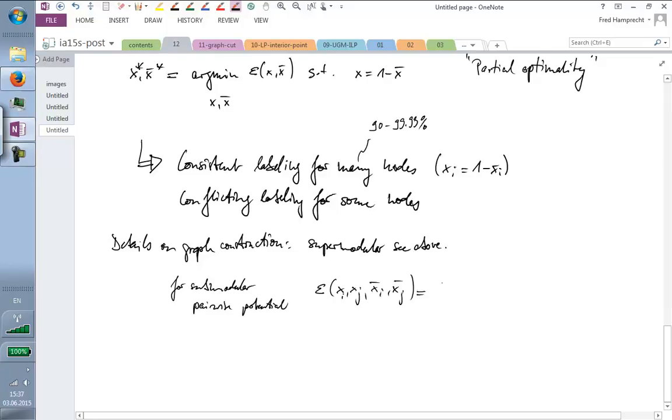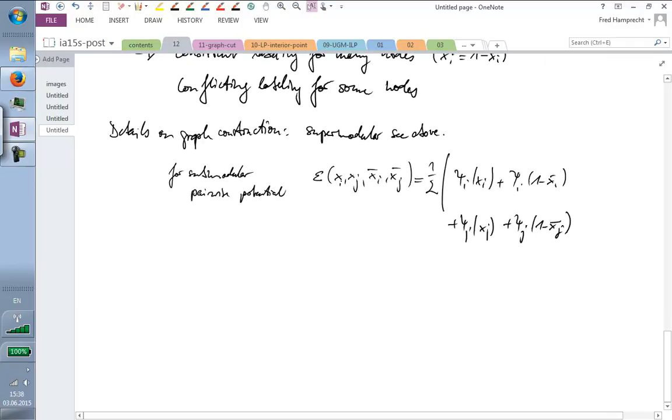It's the same for the unary terms as we had before. So this is the same, but now the reparametrization of the pairwise potential is going to be different.